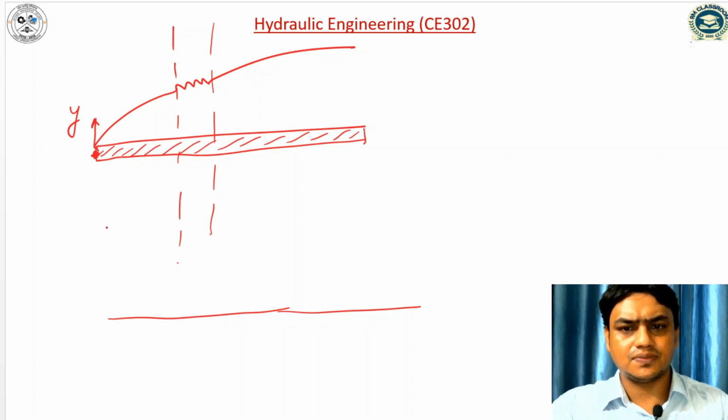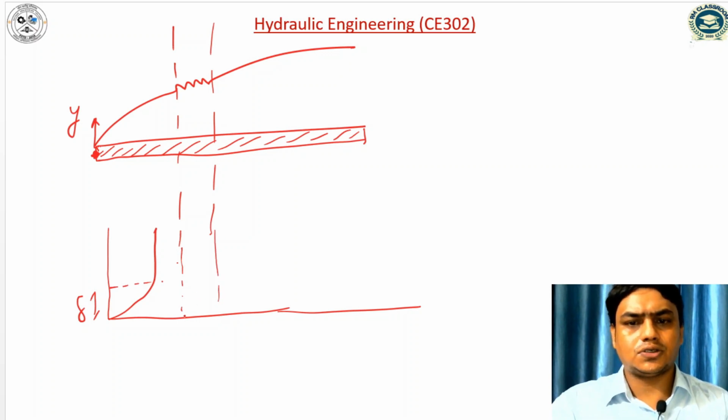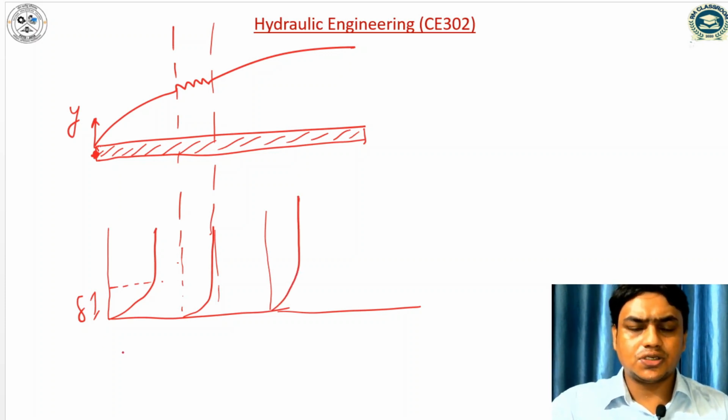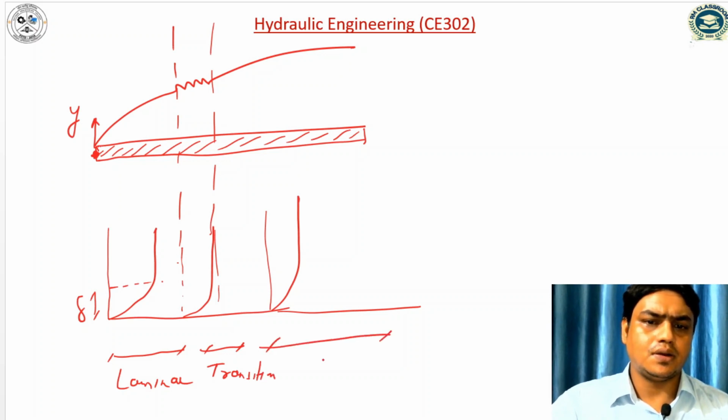This region is the laminar region. This is delta. If I draw the velocity distribution once again, this region is laminar, this region is transition, and this region is turbulent.